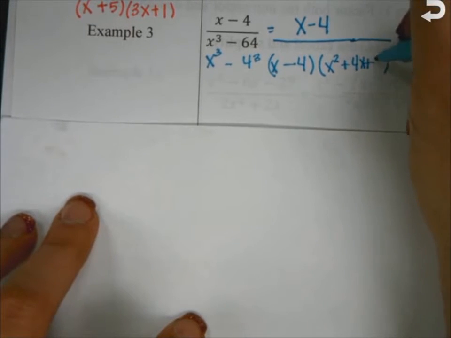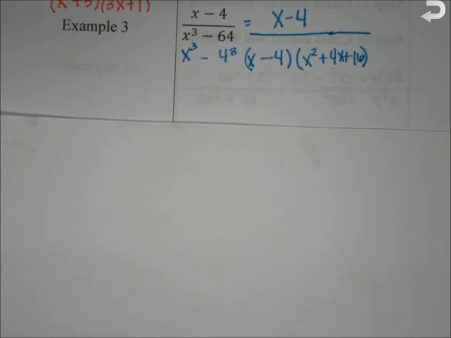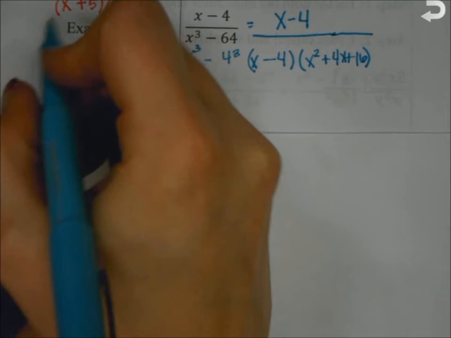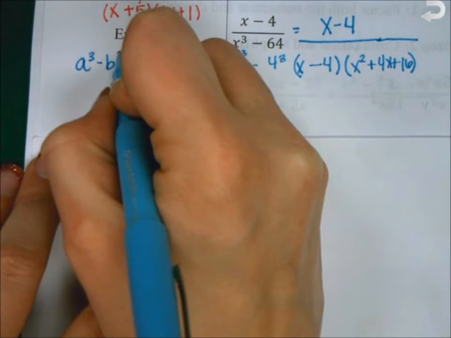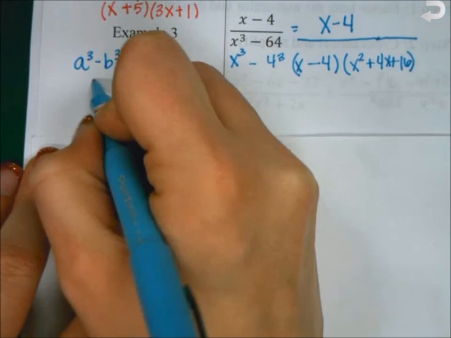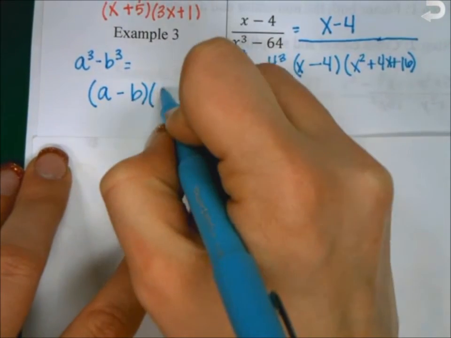Yes? Can you write the rule, where's what you're writing on the rule? So if we have a cubed minus b cubed, that's the same as a minus b, A squared minus AB, same, opposite.